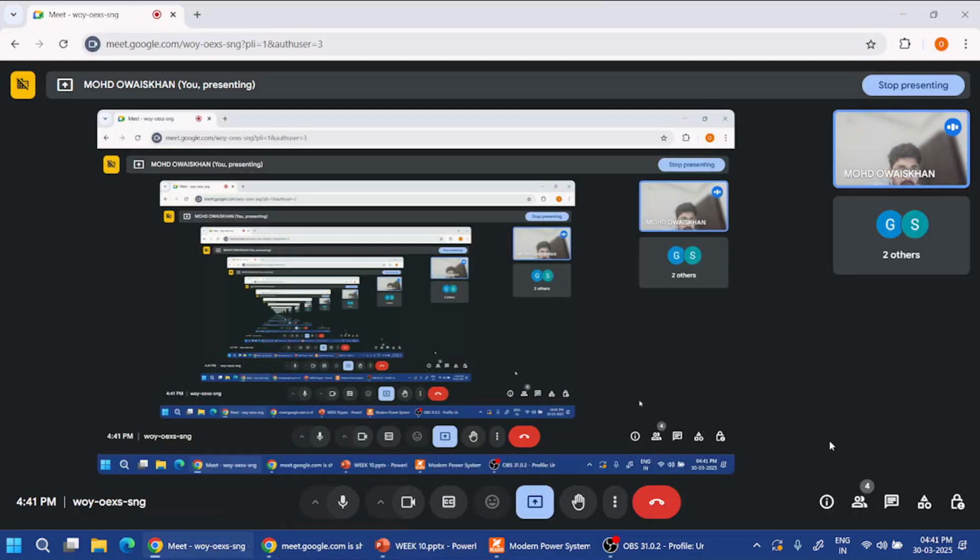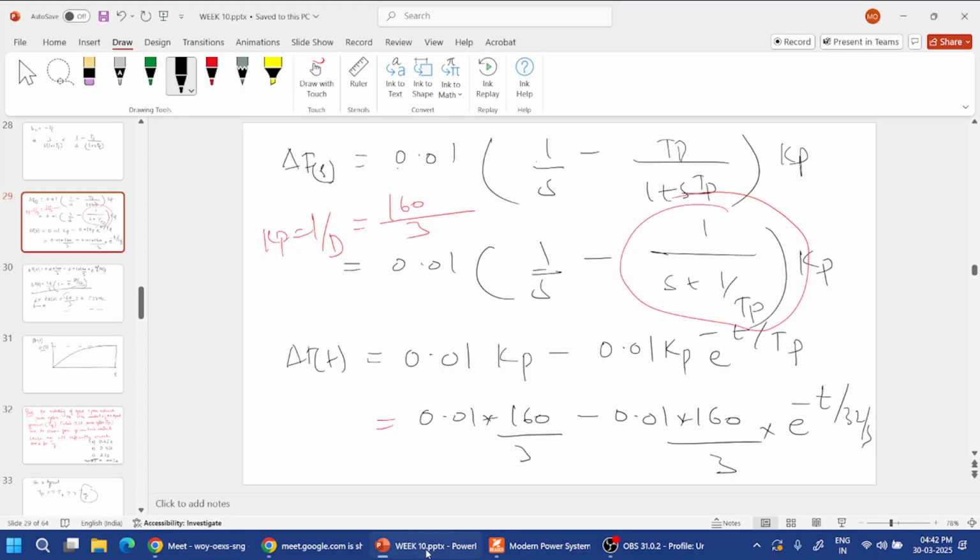If you have any confusion regarding the solution, write in the chat box, I'm waiting for that. Otherwise, let me see if I can get any question for you. Generally, I have already covered all those questions which can be asked over the load frequency controls. If you have any specific question or any doubt about these, we can discuss that here.